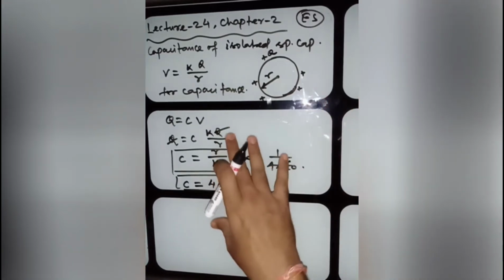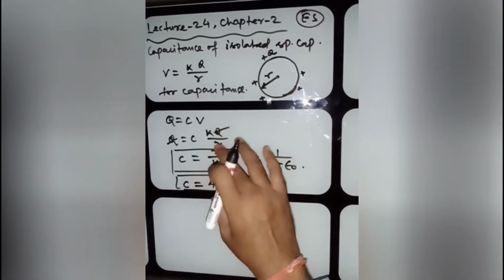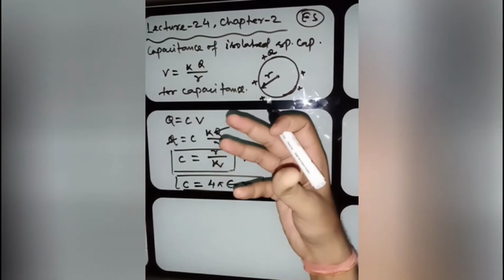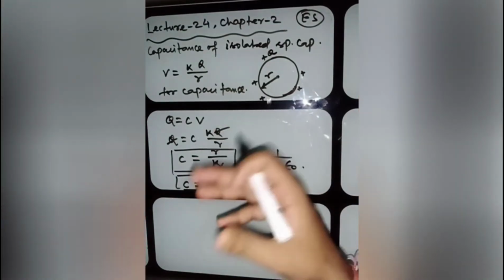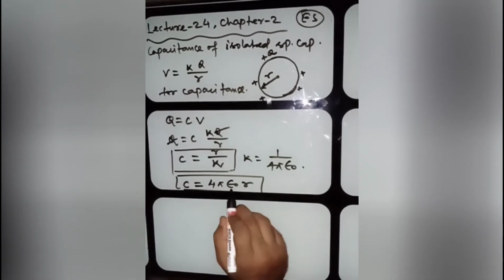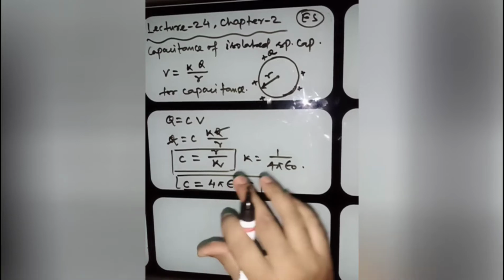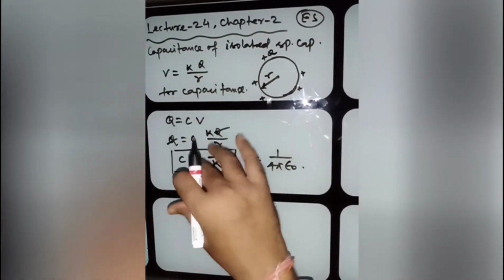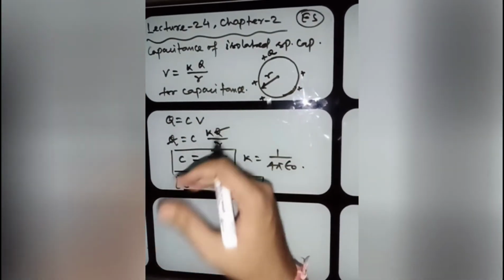This is the very simplified formula. The number of questions you find is to calculate the capacitance of the Earth. As you know, the radius of the Earth is 6400 kilometer, and you can convert it into meter. Epsilon naught value you already have, so you can find the capacitance, considering the Earth as a sphere.